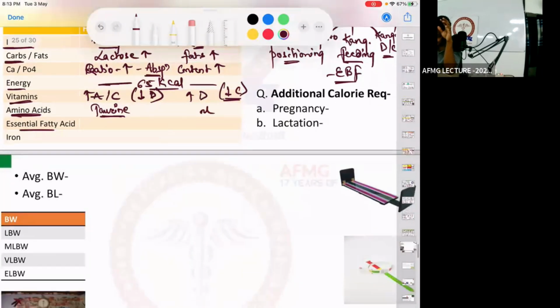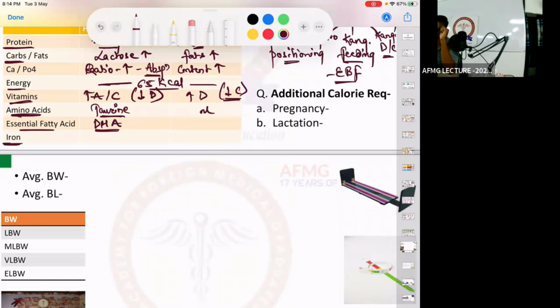The essential fatty acid in human milk, responsible for CNS development again, is docosahexaenoic acid, also known as cervonic acid. So the essential fatty acid in human milk is DHA and the amino acid is taurine. Both are responsible for CNS development and myelination in the child.